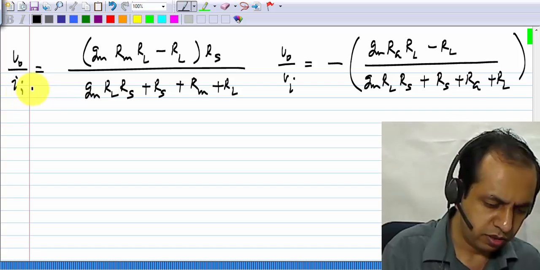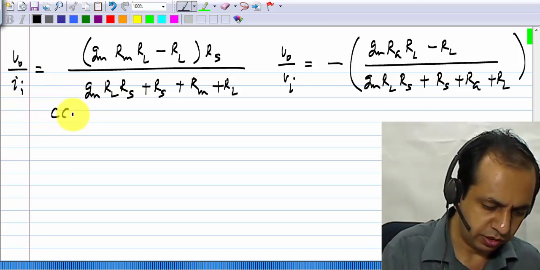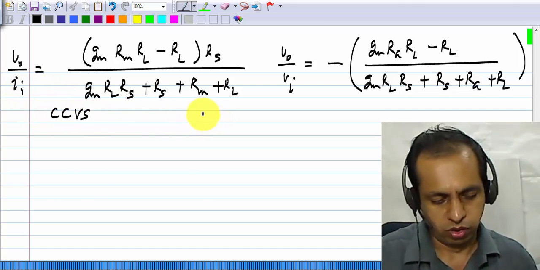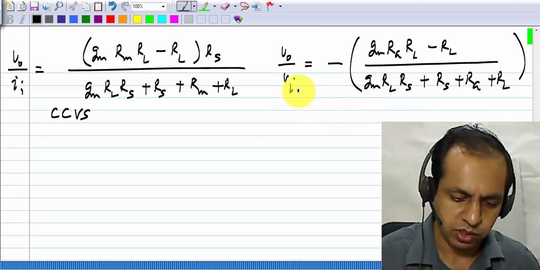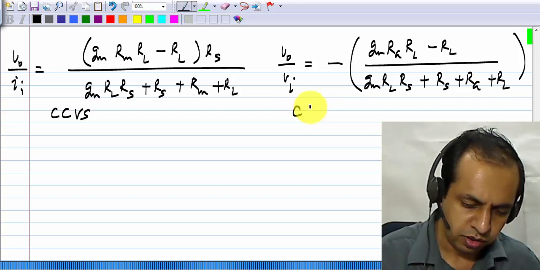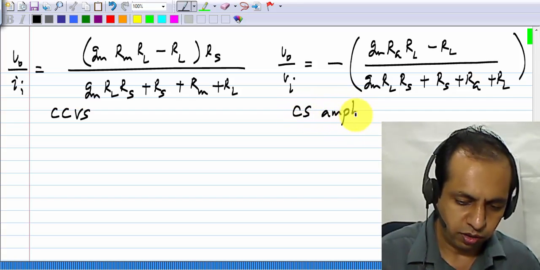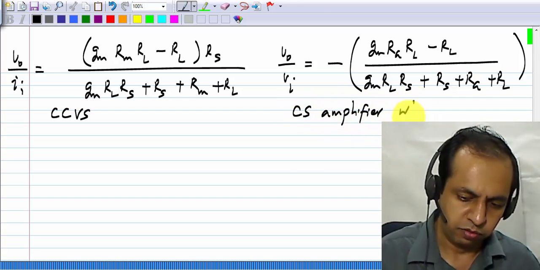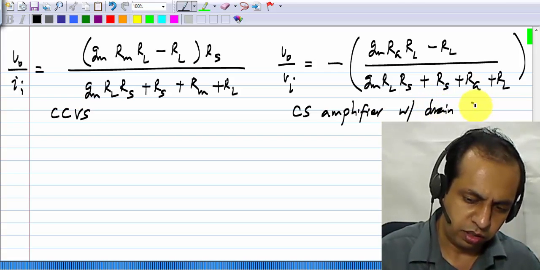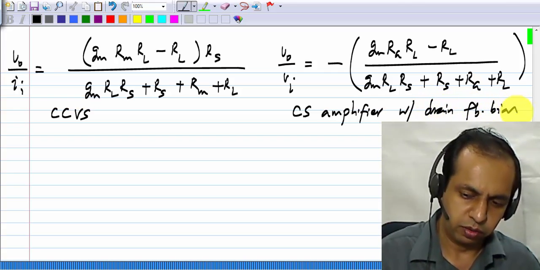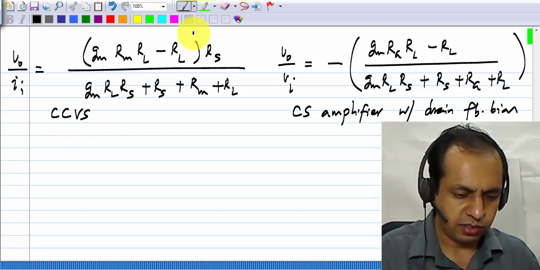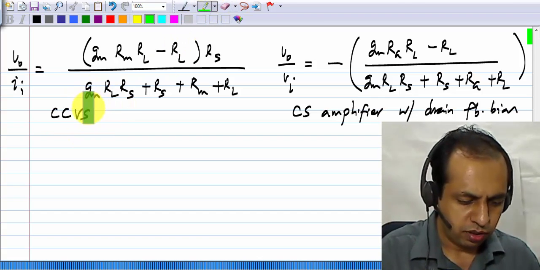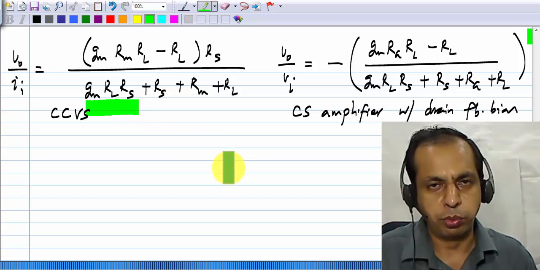So let's look at these two expressions. This is the gain or ratio of output voltage to input current for the current controlled voltage source, and this was the gain of the common source amplifier with drain feedback bias. In this case, we want this particular term to be the dominant one.